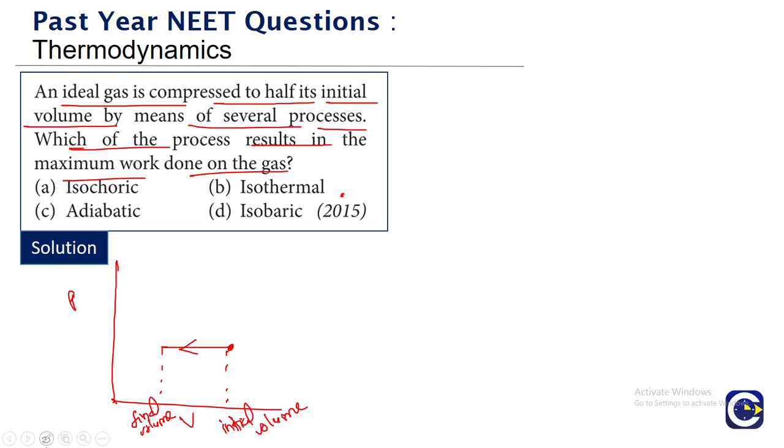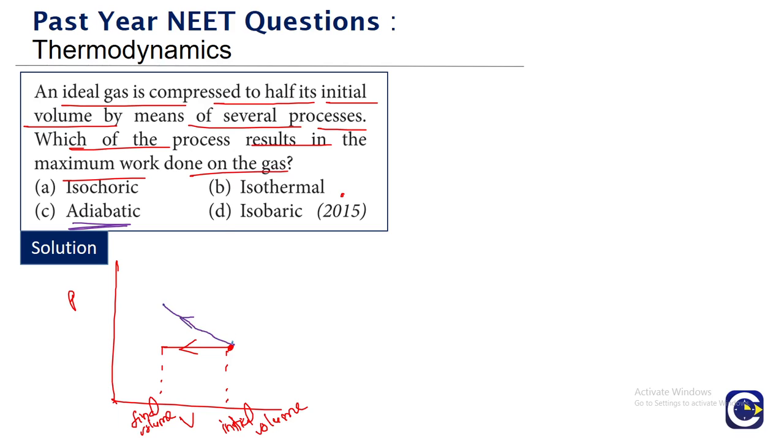Then an isothermal process as well as the adiabatic process, both of them will be curved, but an adiabatic will be more steeply curved in comparison to isothermal. If you mark this as the isothermal, then adiabatic will be even steeper, so we'll have a curve like this.